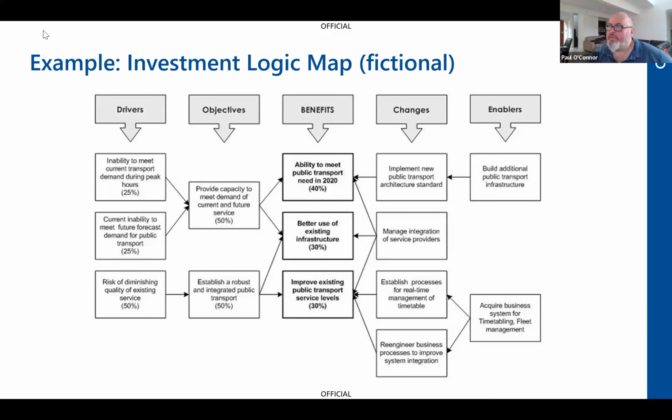The objectives, once again, there's not a lot of science in those, but you could have, say, the government's policy of the day. You could have the department's own mission or legislative responsibilities.